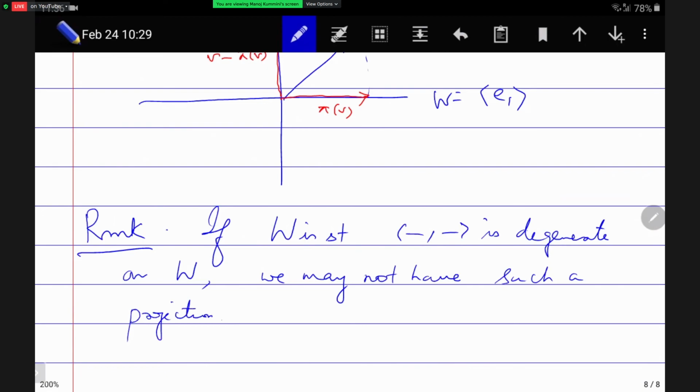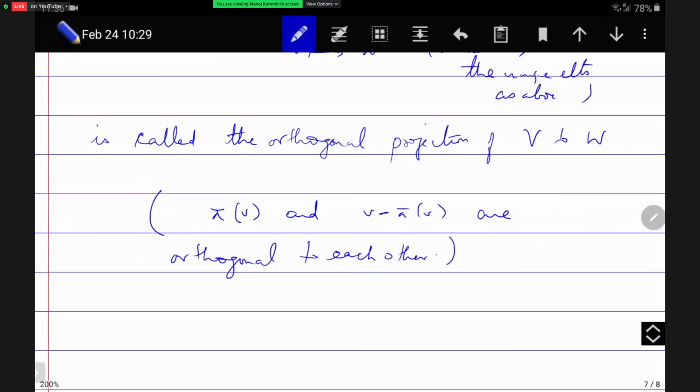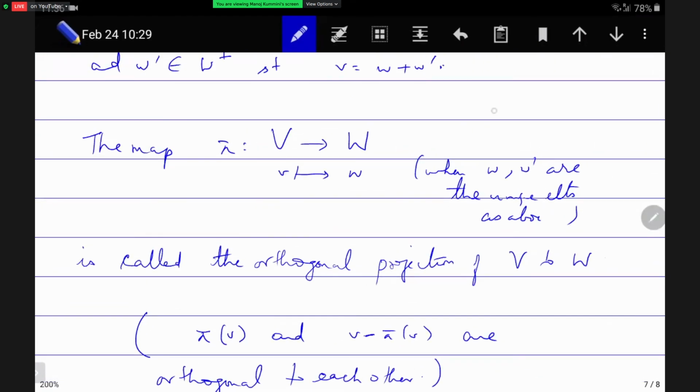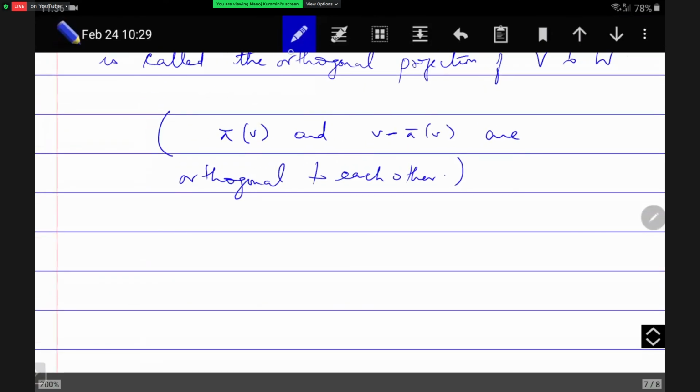This is because degenerate means that W intersect W perp is non-trivial. So take v inside the intersection. If there is an orthogonal projection and we took this v inside the orthogonal part, W perp, that will go to 0.